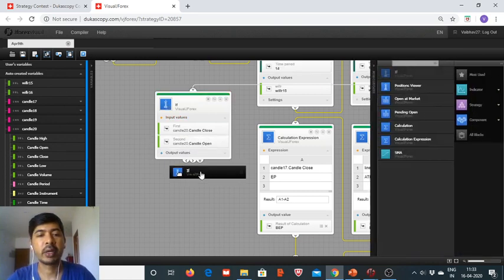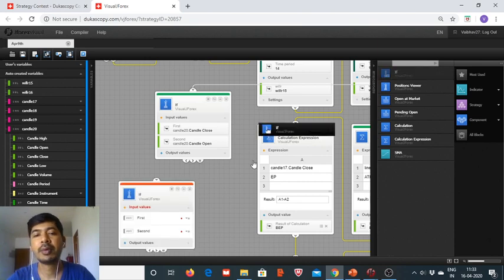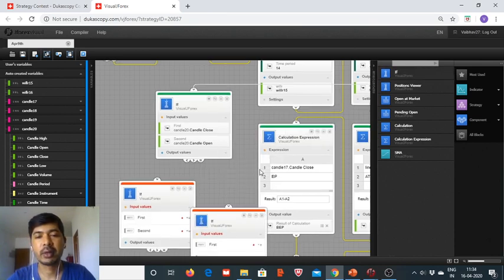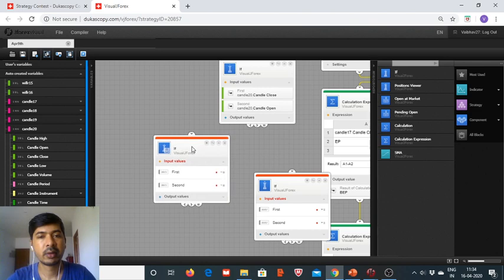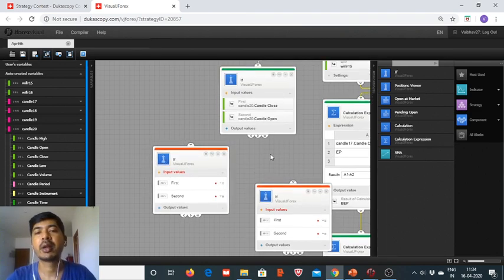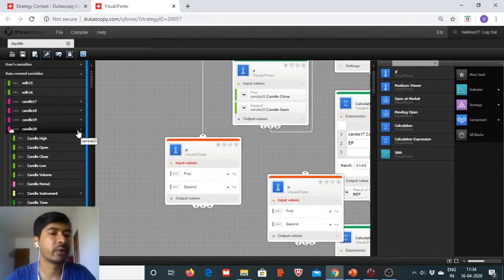We are going to need a couple of them now. So okay. So here we need the candle closing to have been higher than the candle opening level, and same thing for the candle 21st as well.